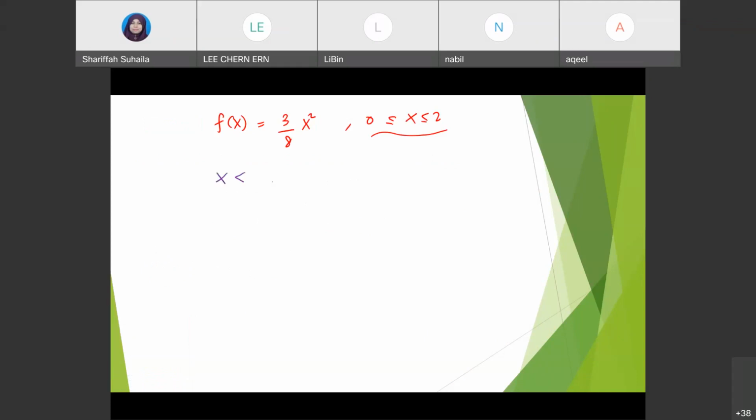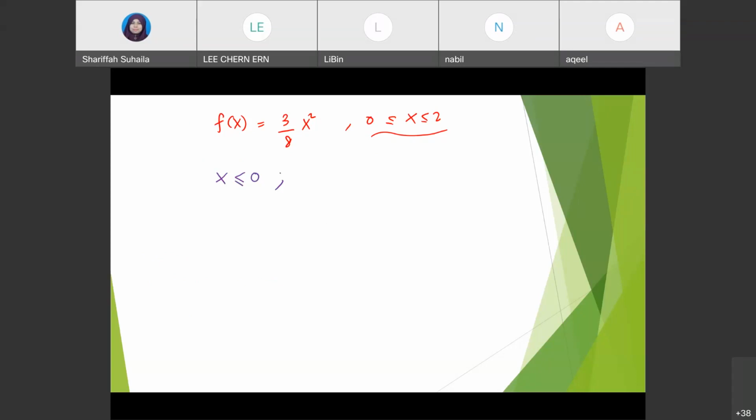Sebab kita punya small fx, kita ada between 0 and 2, 3/8. Otherwise, the function will be 0. Maksudnya, outside this range, your density is 0.